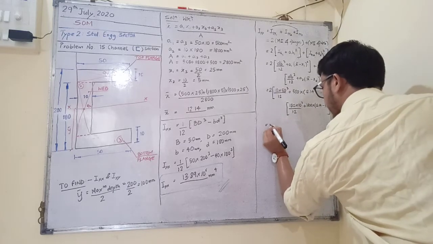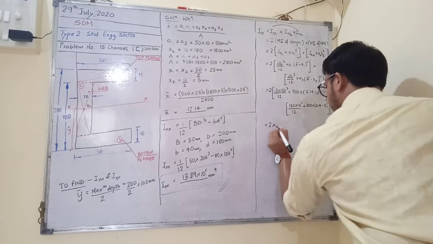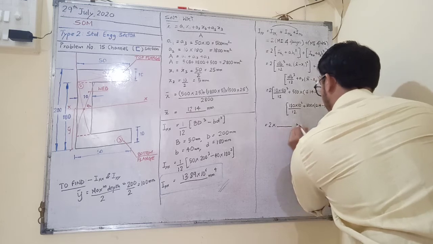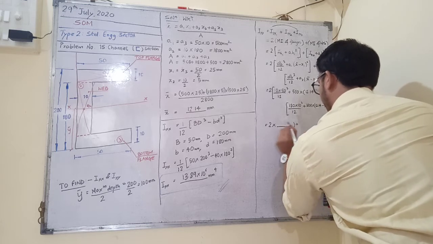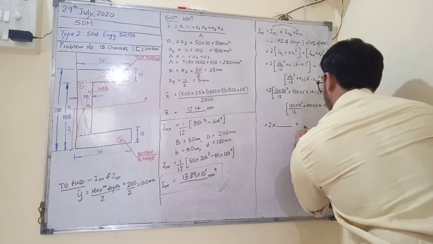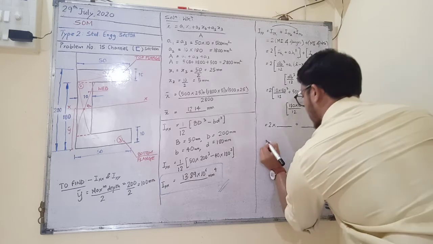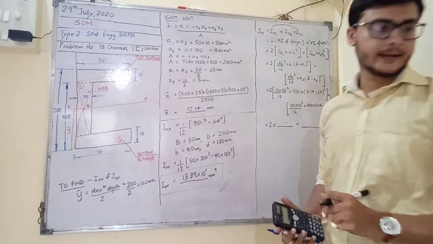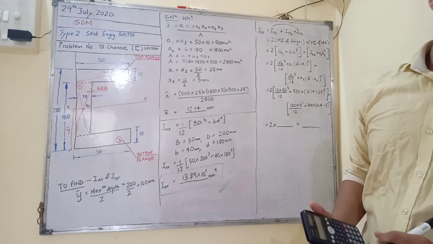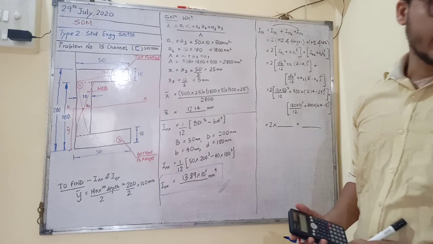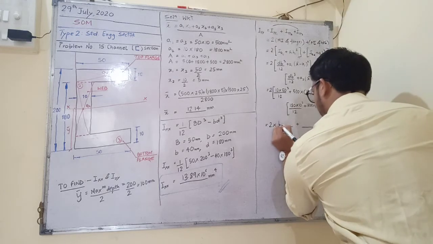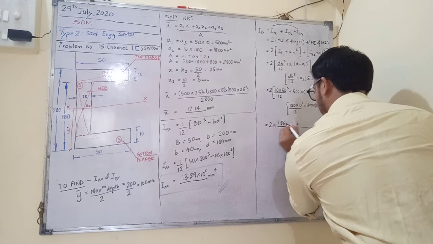On solving these two brackets, I will get 2 times the first bracket answer plus the second bracket answer. On solving the first bracket, I got the answer as 186.85 into 10 raised to 3.